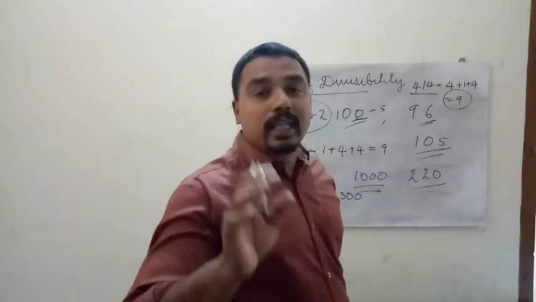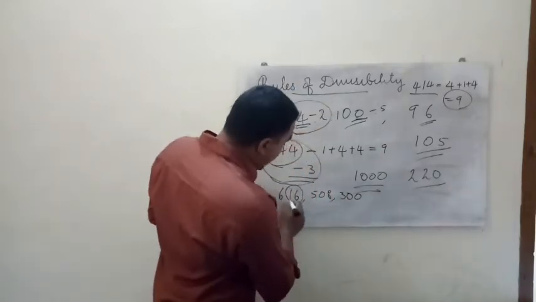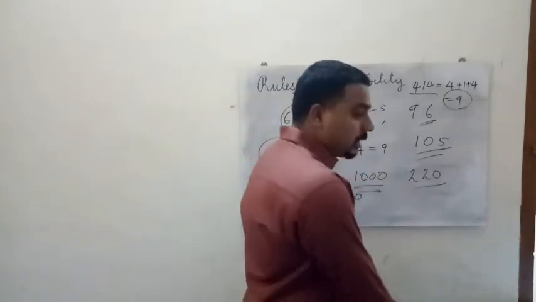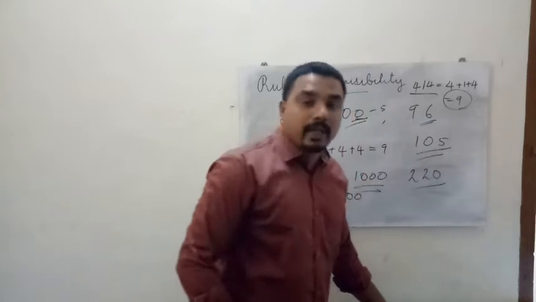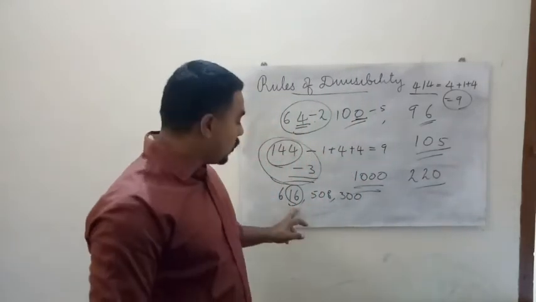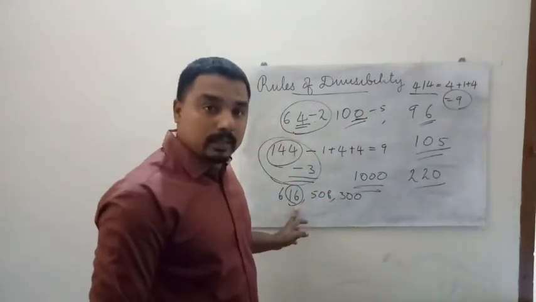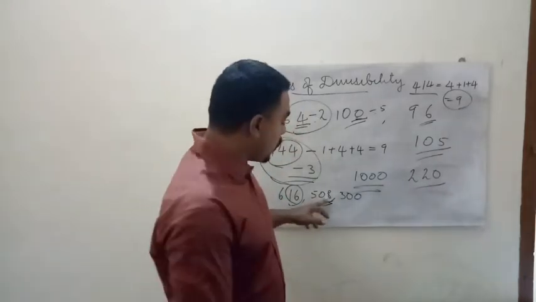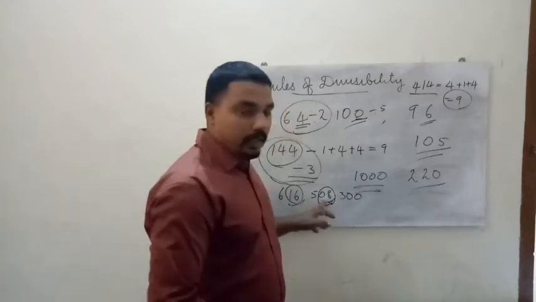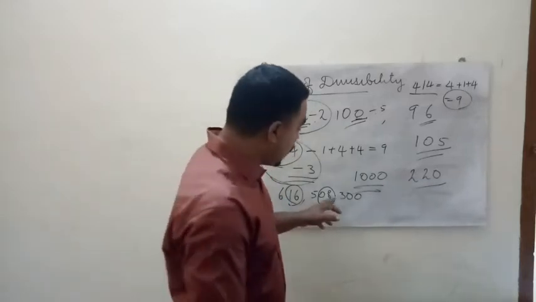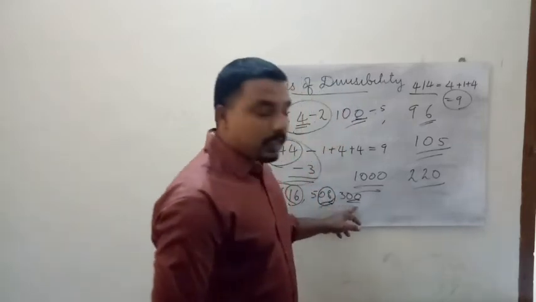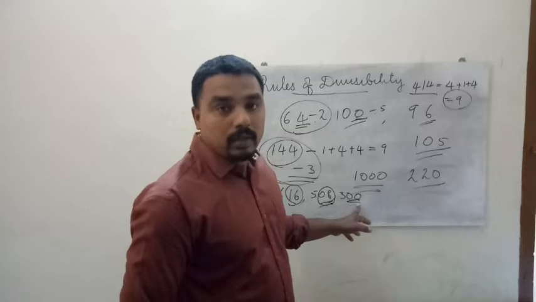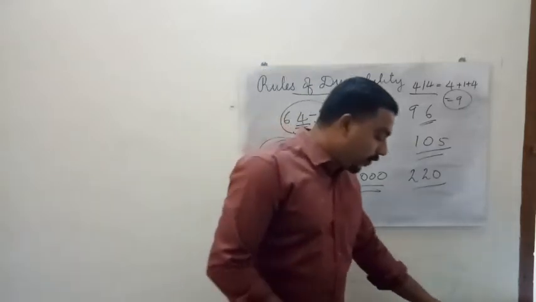We have to check the last 2 digits. Are these exactly divisible by 4? 16 is exactly divisible by 4. 4 4s are 16. And 08, how much is this? 8 only. 4 2s are 8. And the 2 zeros, that means the whole number is exactly divisible by 4.